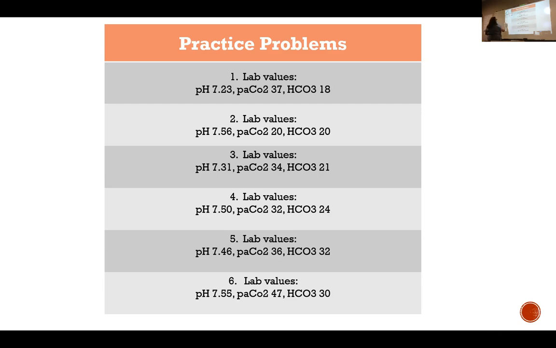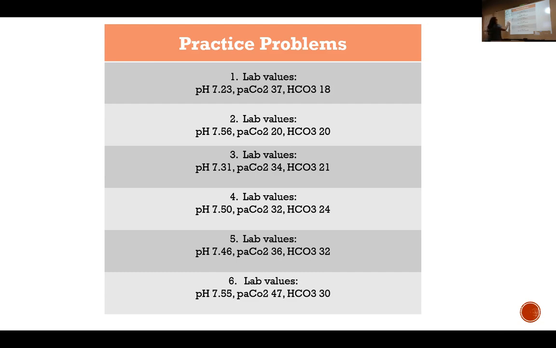We're going to draw our tic-tac-toe. Now, what's our pH? Which side does it go? Because it's on this side, right? All right, PaCO2 is 20. Where does it go?